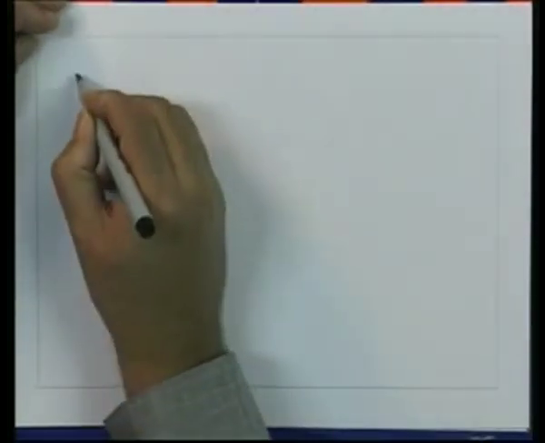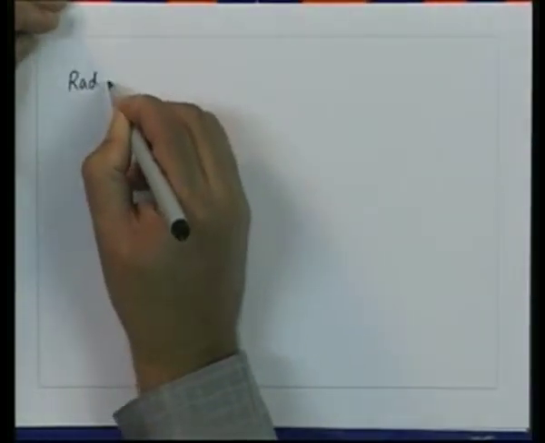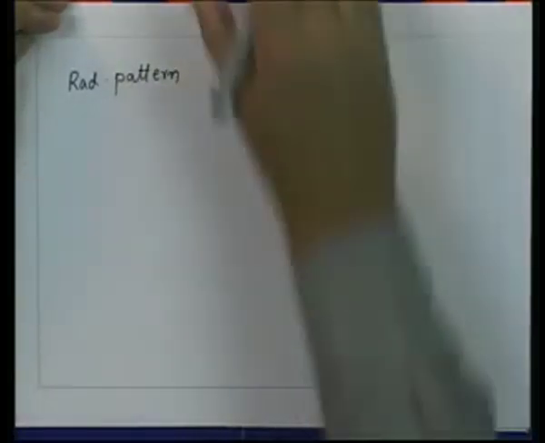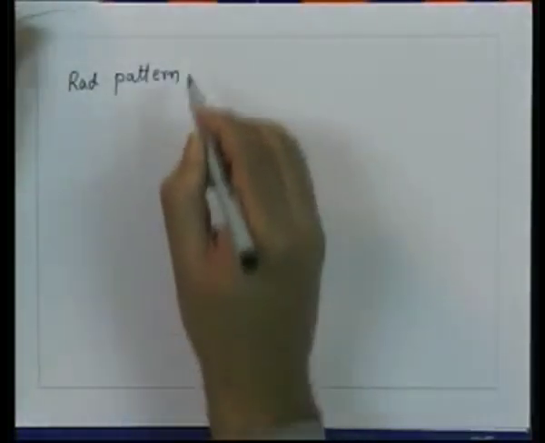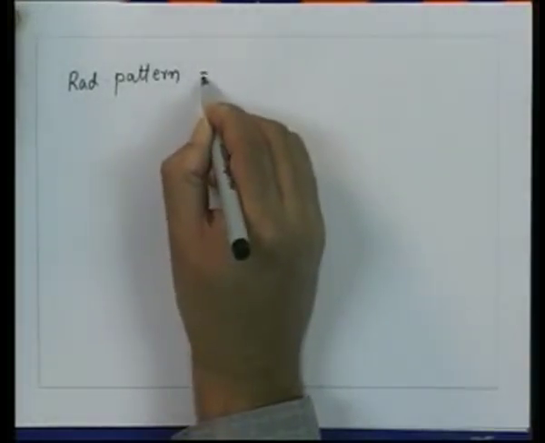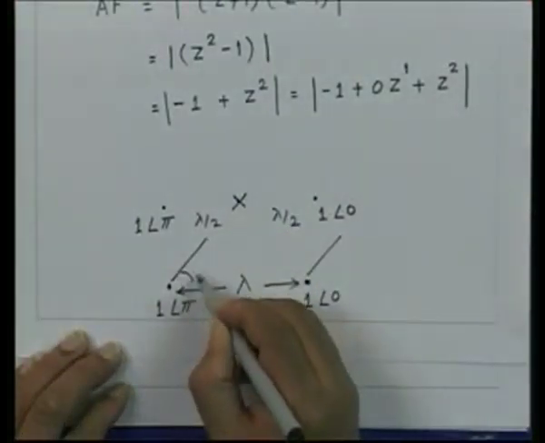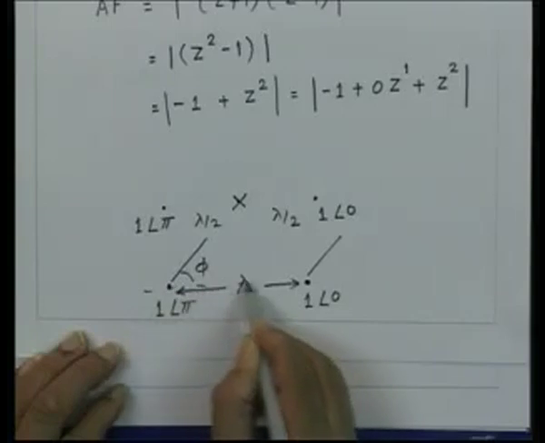So, the radiation pattern for this array would be equal to, so we have got here the array for which this is phi measured from the axis of the array.